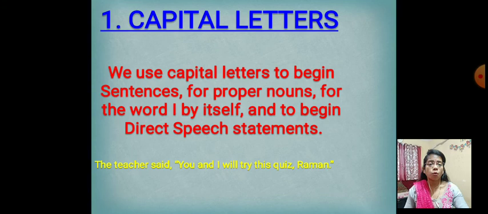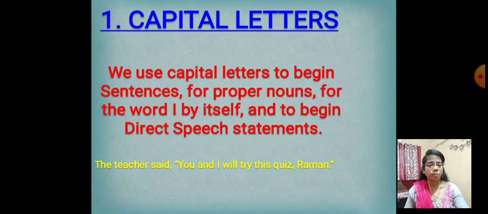You should always write I in a capital letter. And in a direct speech statement you have to write the first letter in a capital letter. For example, the teacher said, "You and I will try this quiz, Raman." Here, at the beginning of the sentence, T is capital.